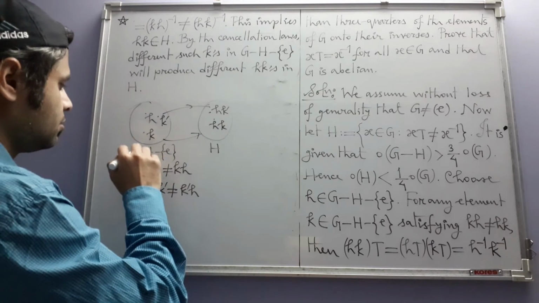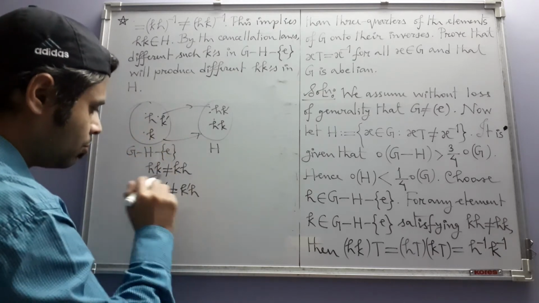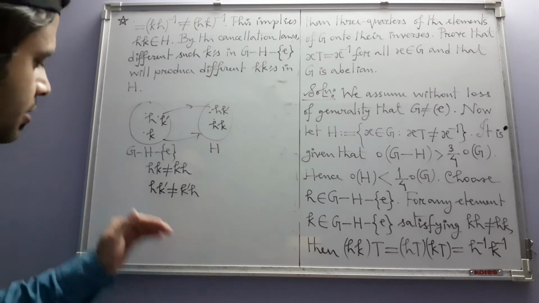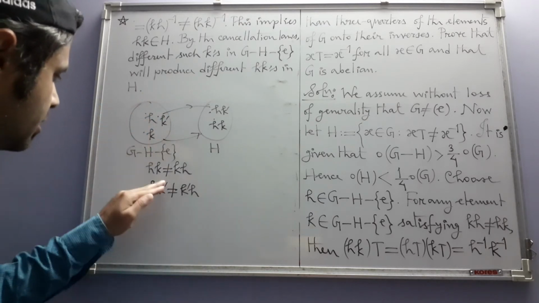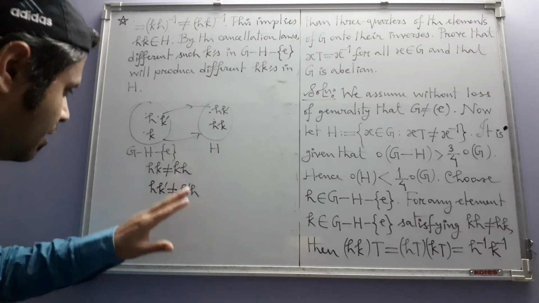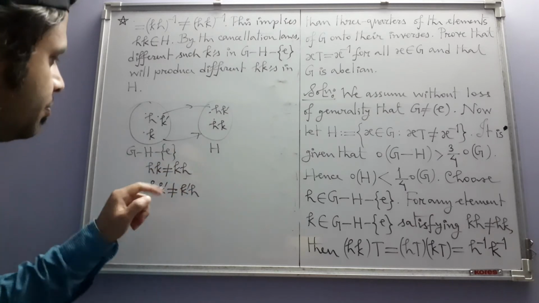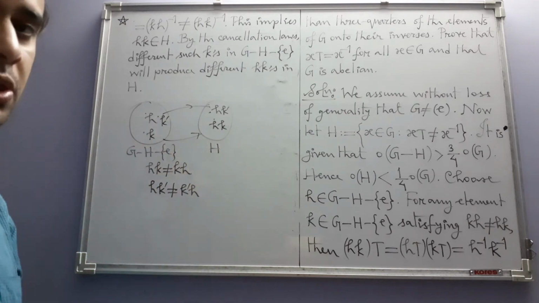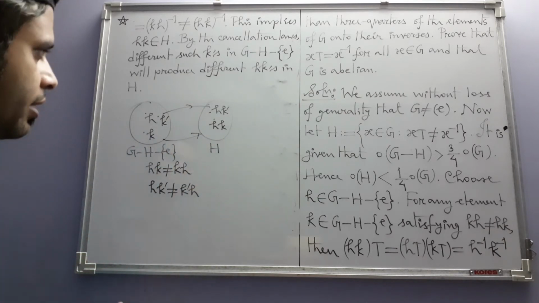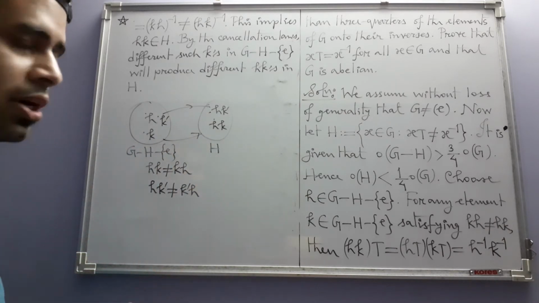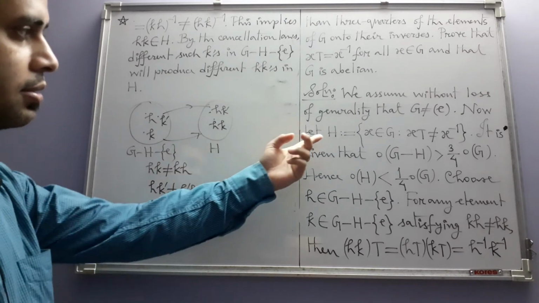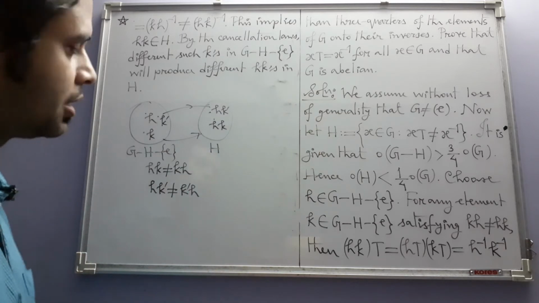So the more k's you get in this set, for which none of them commutes with H, you will keep getting different elements in H. But this clearly has an upper limit, because our group is finite, and as such the subset H is also finite.